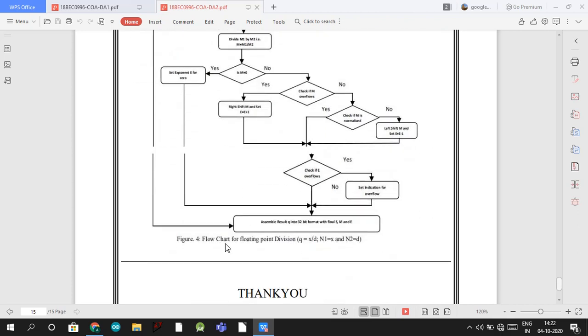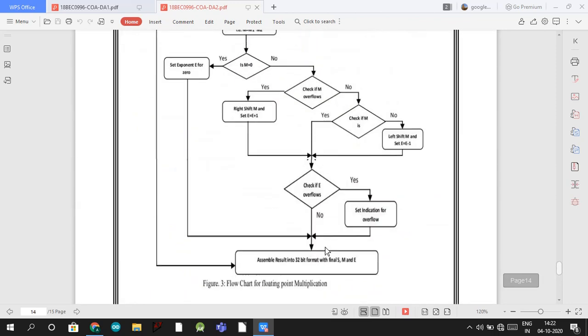Okay. In the last, you can see q equals x by d, n1 equals x, and n2 equals d, which means q is the quotient of n1 and n2. n1 means x, n1 to n2 means division. So this is for the division. Okay, that's it for the last question.